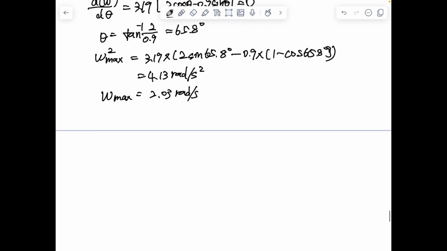If we take all the force in normal direction, it will be equal to m r omega square.